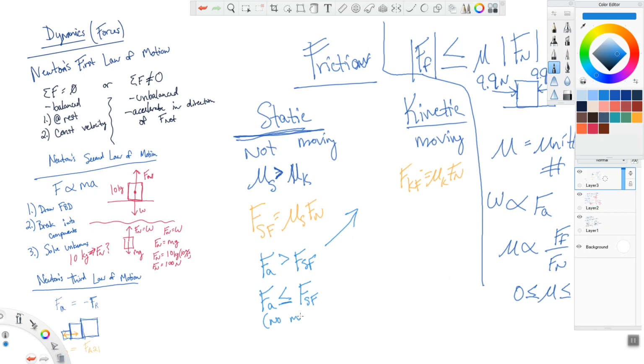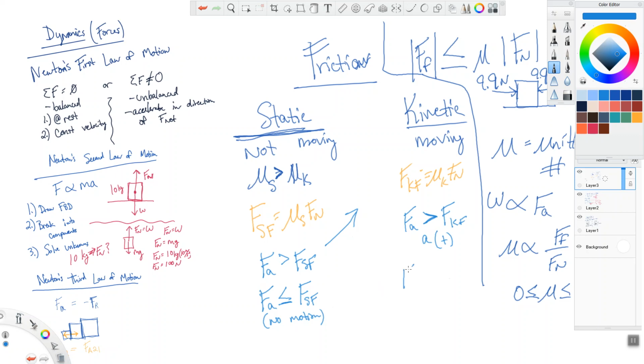No motion. However, when I hop over here, once the object is moving, if force applied is greater than kinetic friction, the object is then going to have a positive acceleration.